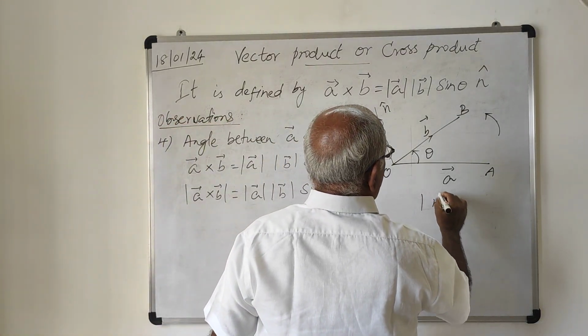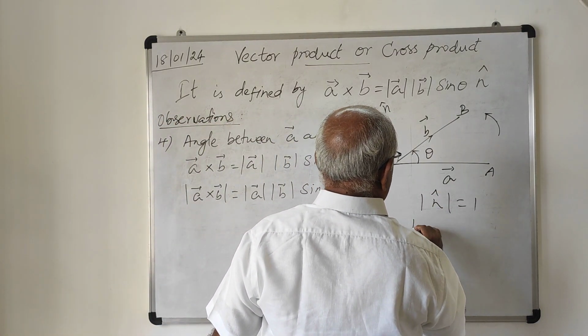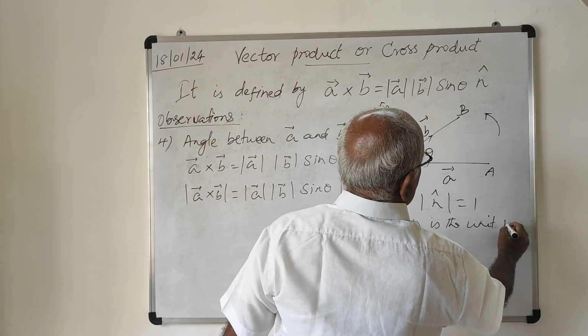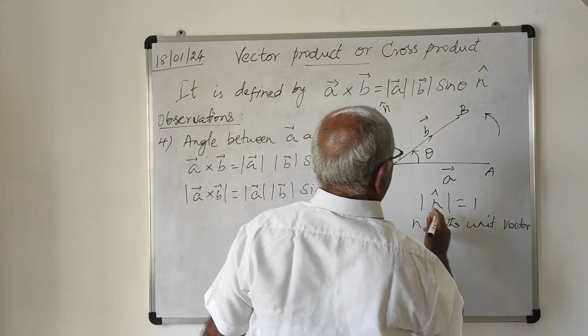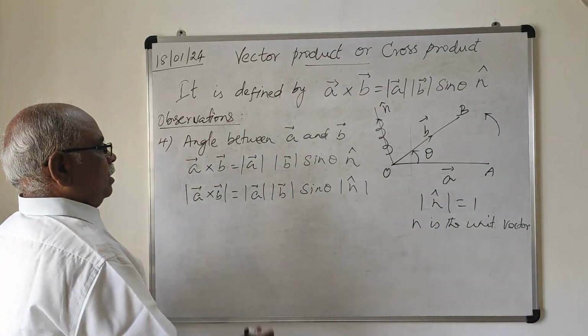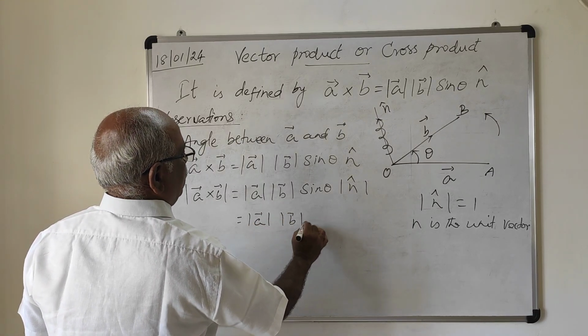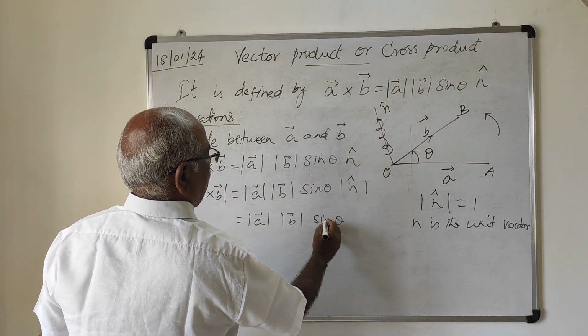But magnitude of n cap is 1, because n cap is the unit vector. Therefore it becomes mod A into mod B into sin theta.